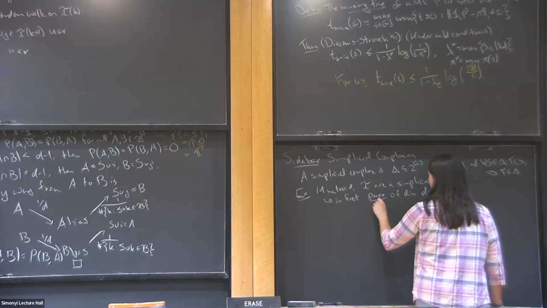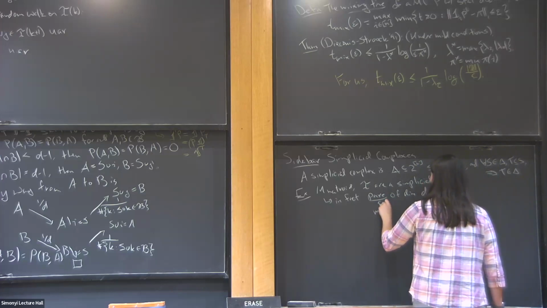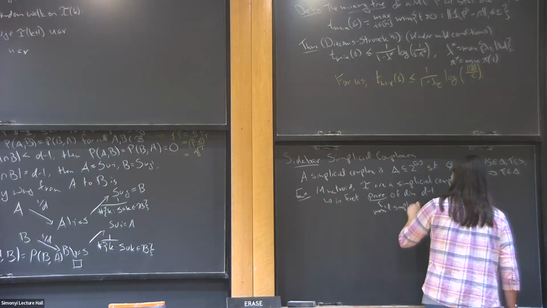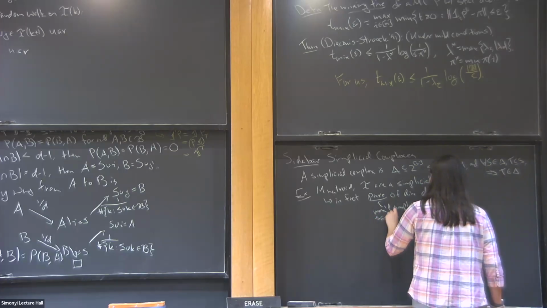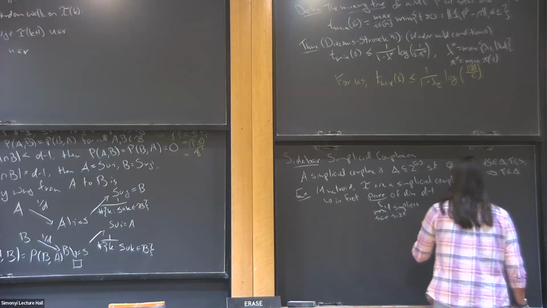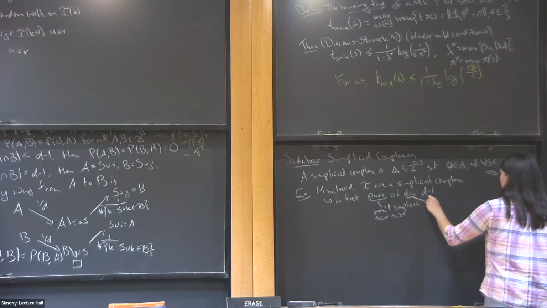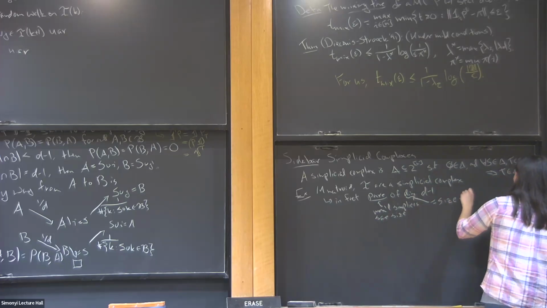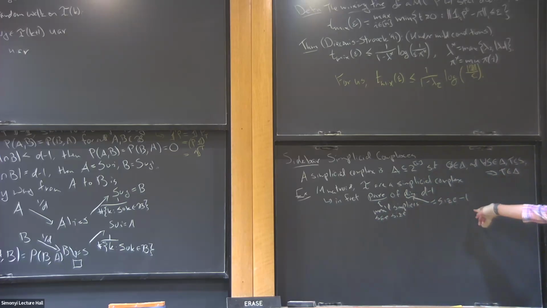Pure means the maximal simplices are the same size. And the dimension is just size minus 1. Why minus 1? Well, we want points to be 0-dimensional. It makes the geometric intuition of dimension line up.